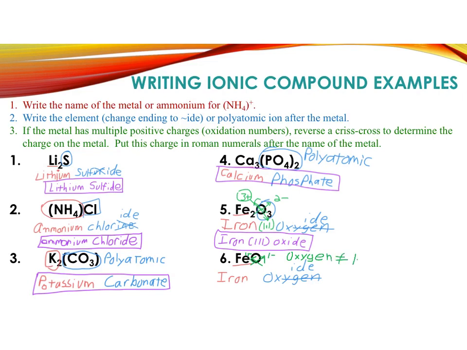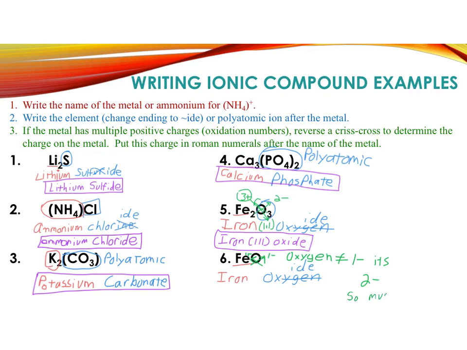Oxygen, for our purposes, cannot equal 1-. It does not have that oxidation number. The only oxidation number it has is 2-. It is in group 16 if I go back to the periodic table page.